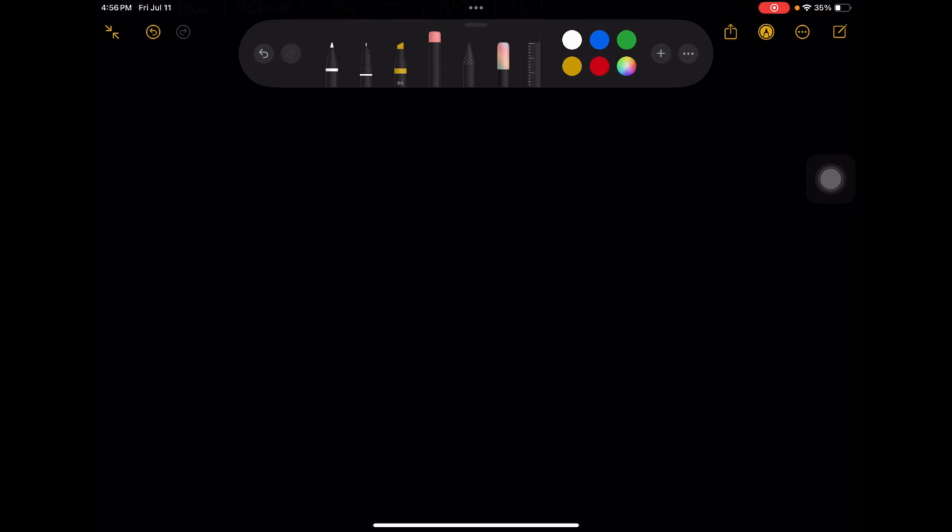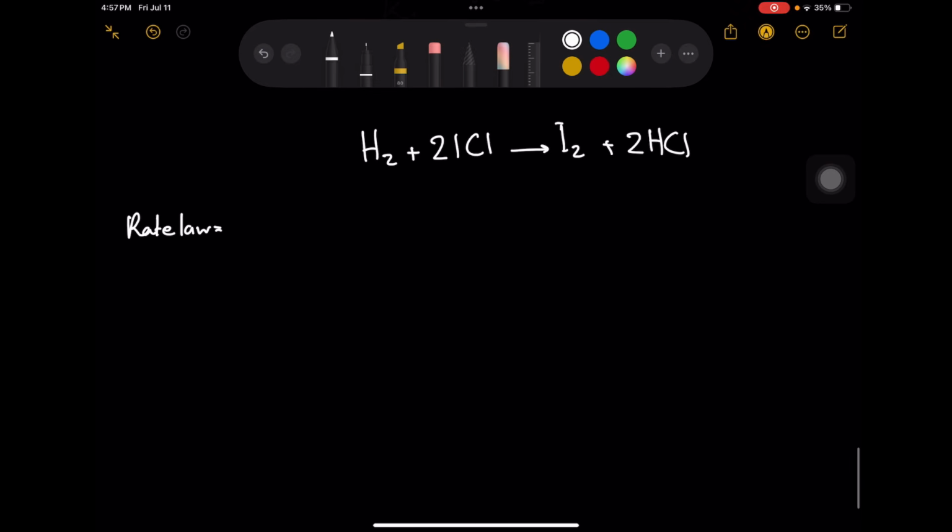It says the following reaction has a second order rate law. The reaction is H2 plus 2 iodine chloride produces iodine plus 2HCl, and the rate law is K times H2 times ICl.